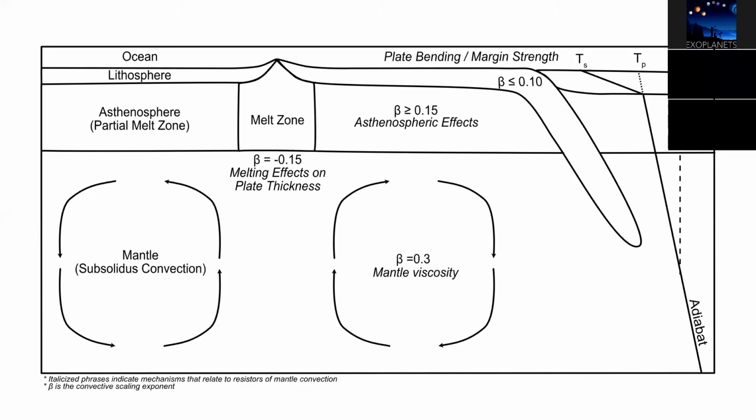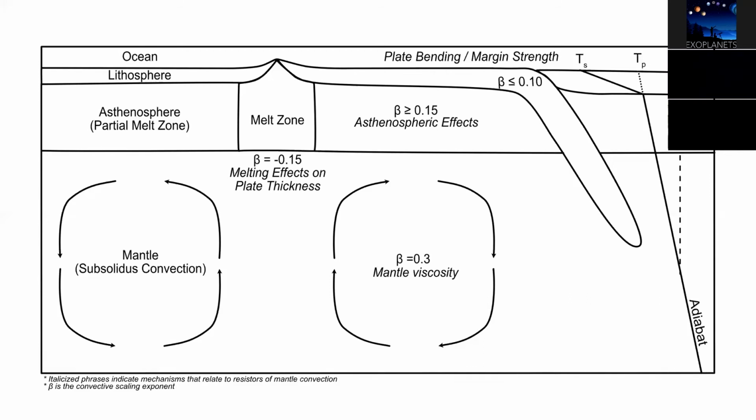You can also have the extreme opposite end member of what I described in terms of mantle viscosity being the main resistor, and say that plates are the primary resistor. In particular, you can say that melting effects on plate thickness are very important. So, for example, this would mean that at very high temperatures, you're creating very thick plates.